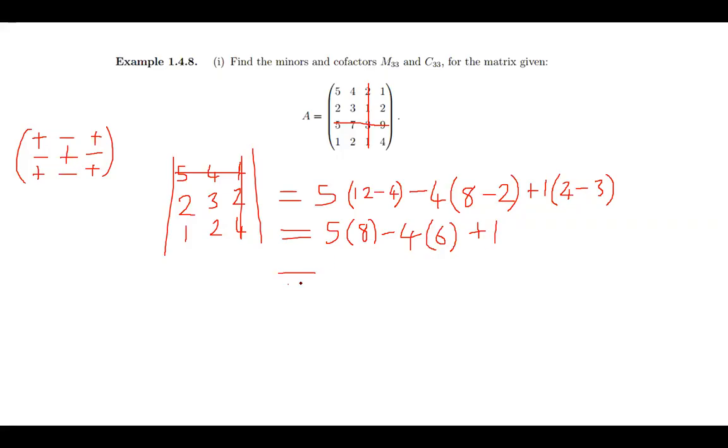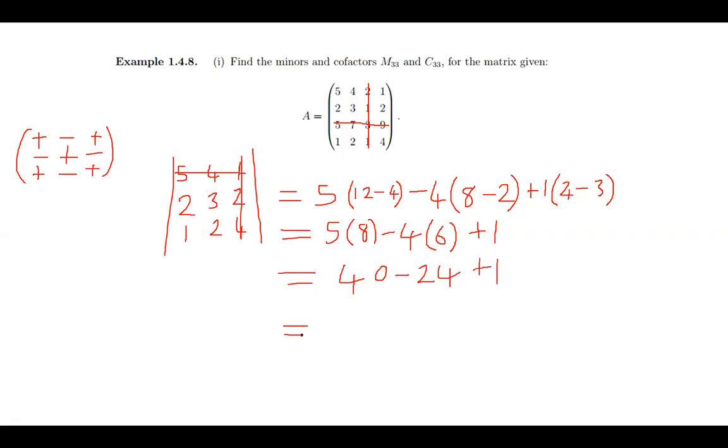So here it's just a matter of simplifying it. So 5 times 8, I'm getting 40. Then minus 4 times 6, that is 24. Then plus 1.